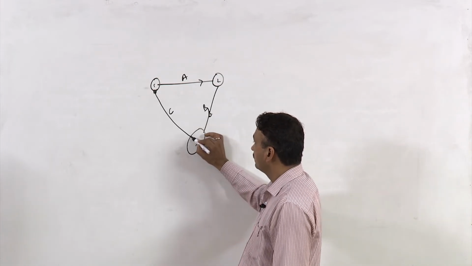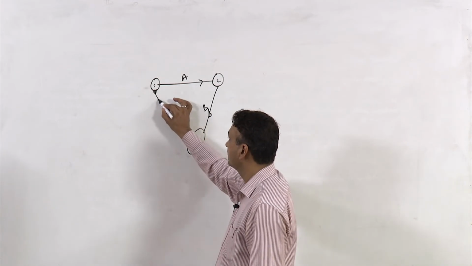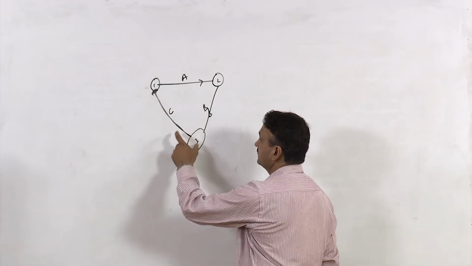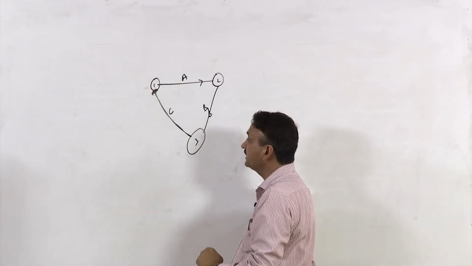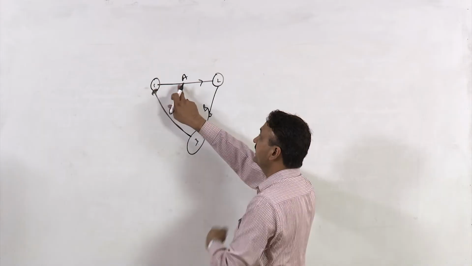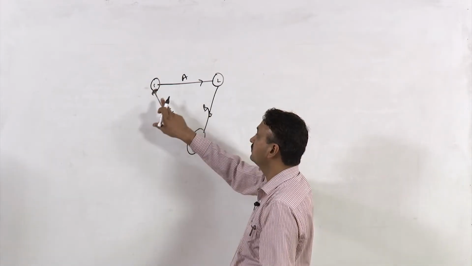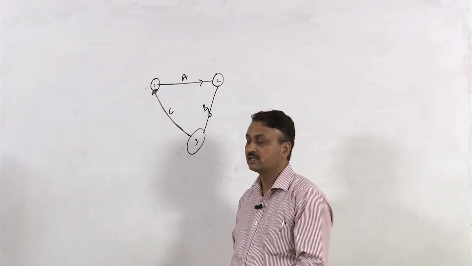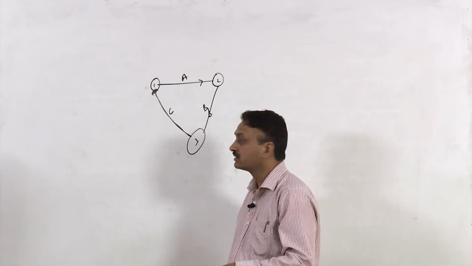Now when you say this activity 3, 1, what you are saying is that activity A you cannot start until you complete activity C. So how is it possible? It's not possible at all.